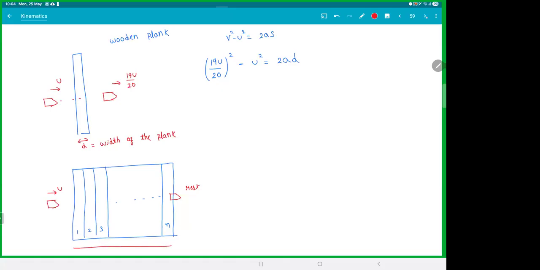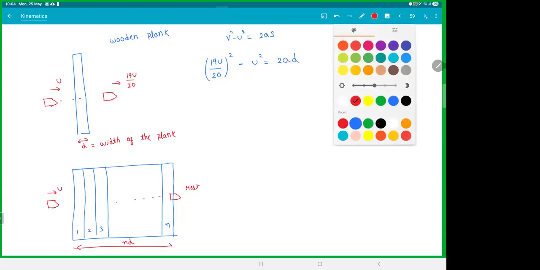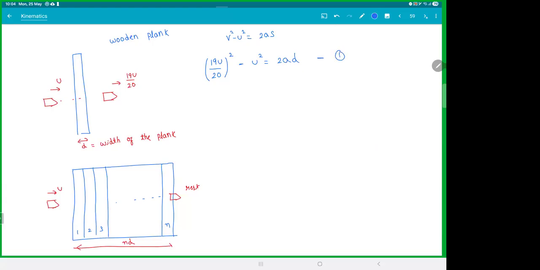Then if there are n planks, the width will be nd. So this is your equation 1. For this one, if I write the same equation, v square minus u square is 2as. Here v is 0 because you are coming to rest. 2as is n into d. This is your equation 2.